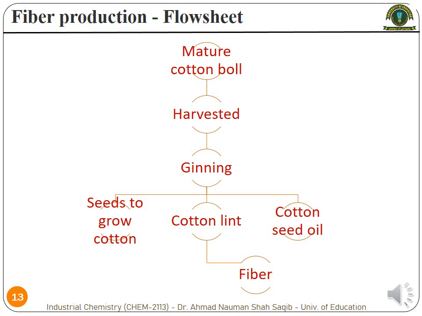So those seeds have multiple uses. They can be used to grow cotton, and they can be used for obtaining cottonseed oil, and the waste can be used as food for animals and for some other purposes. So this is the first process of making fiber from the cotton.